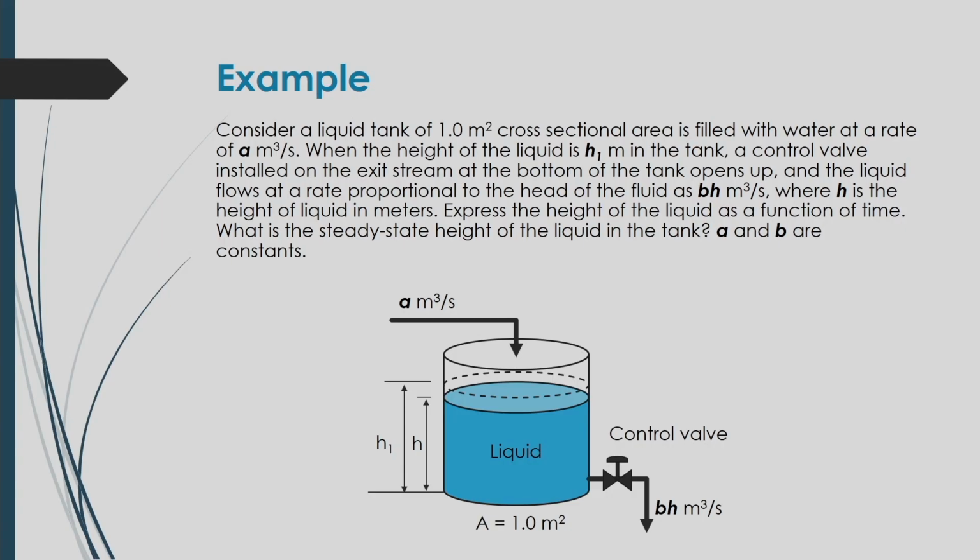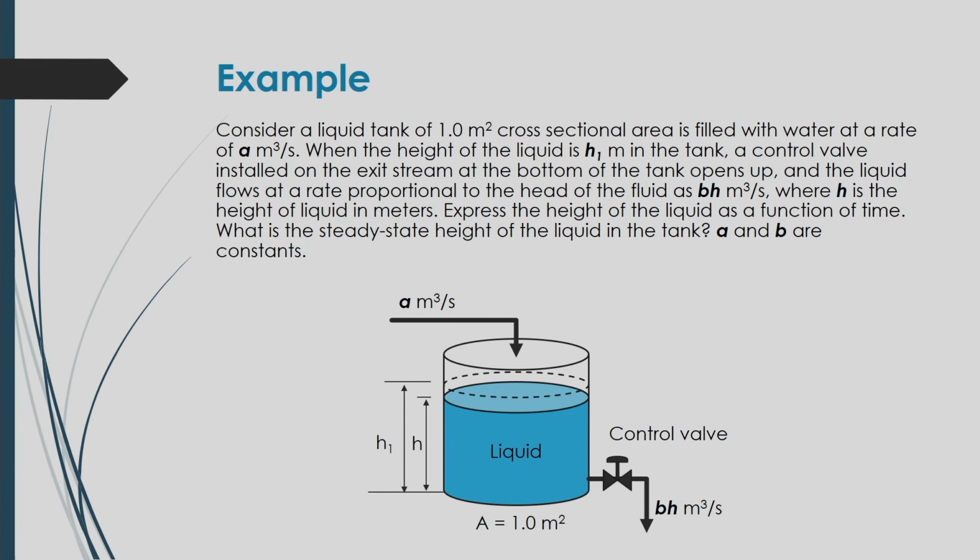Now, when the height of the liquid is h1 meter in the tank, a control valve installed on the exit stream at the bottom of the tank opens up, and the liquid flows at a rate proportional to the head of the fluid as B into H meter cube per second, where H is the height of the liquid in meters. Now, in this case you have to express height of the liquid as a function of time. What is the steady state height of the liquid in the tank? A and B are constants here.